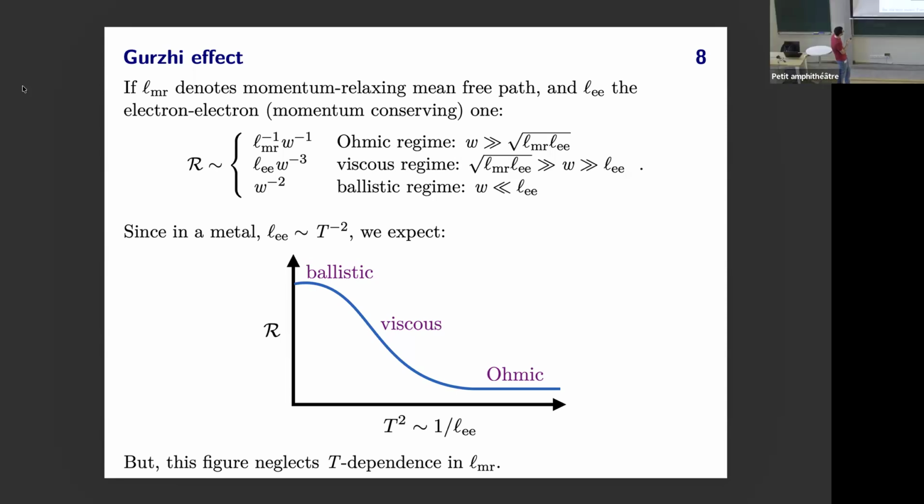Well, let's plot this resistance per unit length versus temperature squared, or 1 over LEE. And we see something very counterintuitive, which is that the highest resistance is in the ballistic regime. And then as you heat the sample up and enter this viscous regime, the resistance will actually drop. And then eventually the resistance is smallest in the ohmic regime, which sets the baseline. You cannot have lower resistance than this. Just assume the momentum relaxation length is temperature independent.